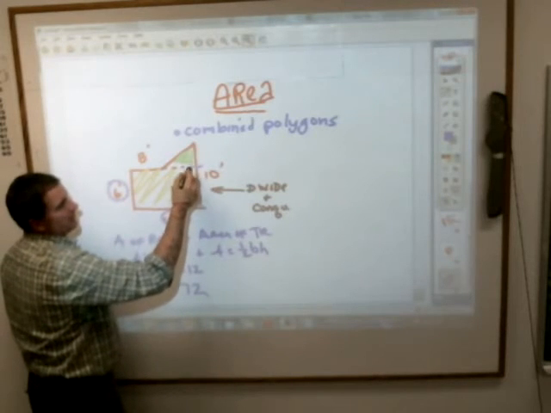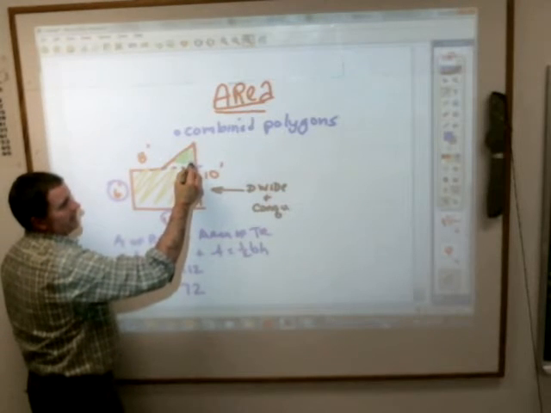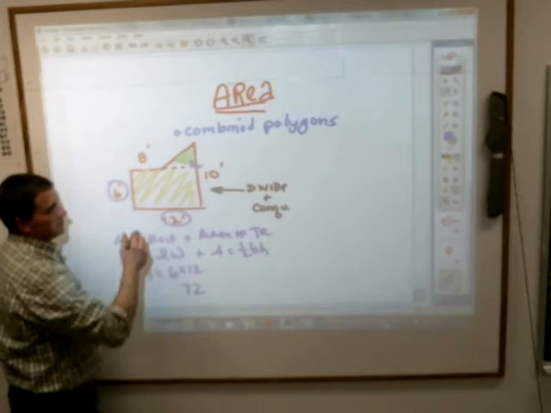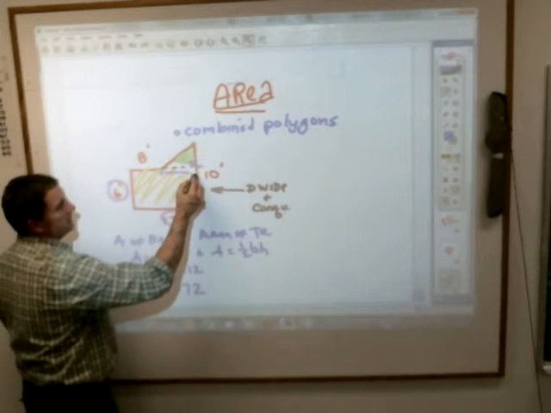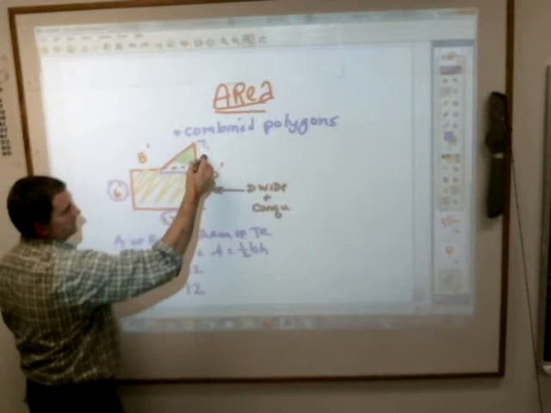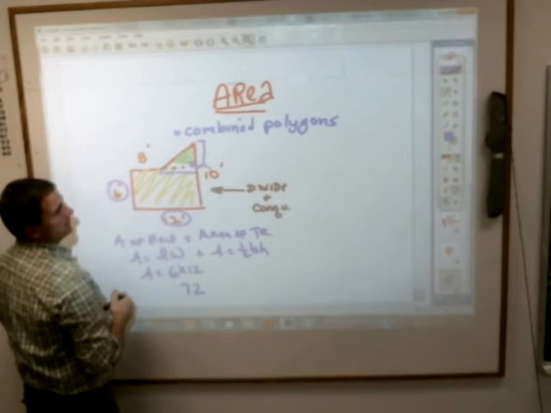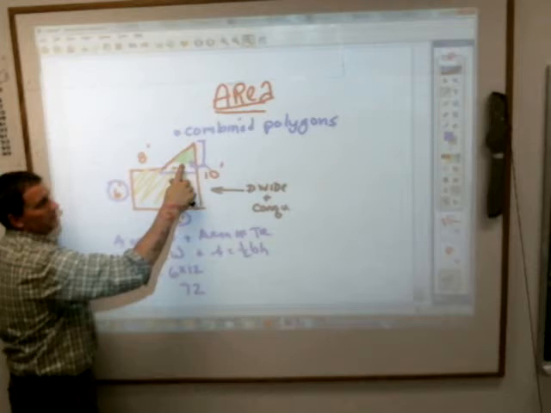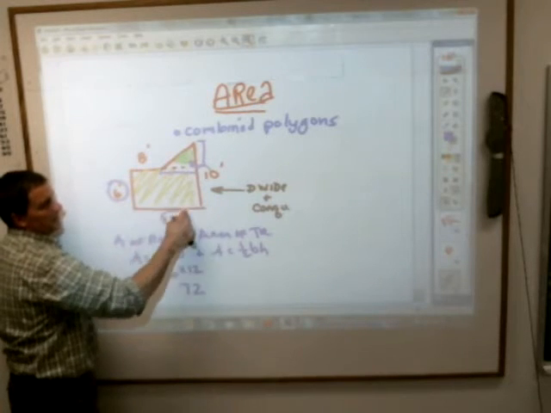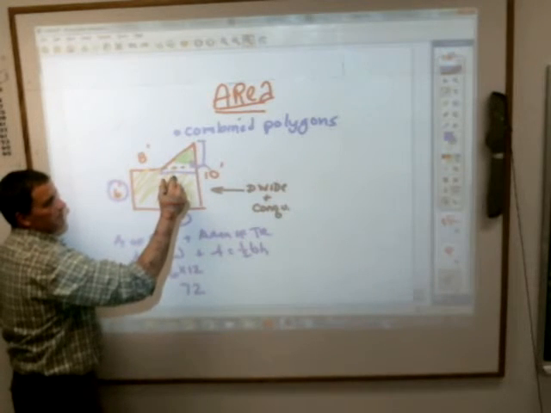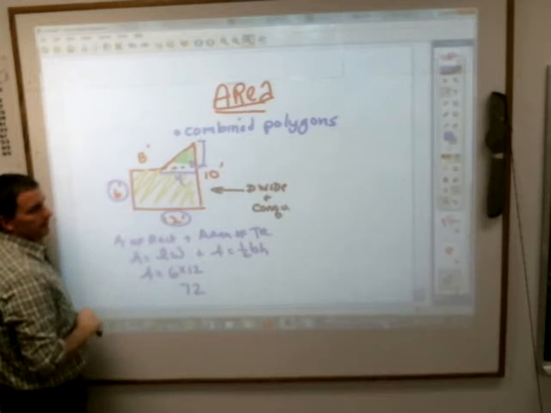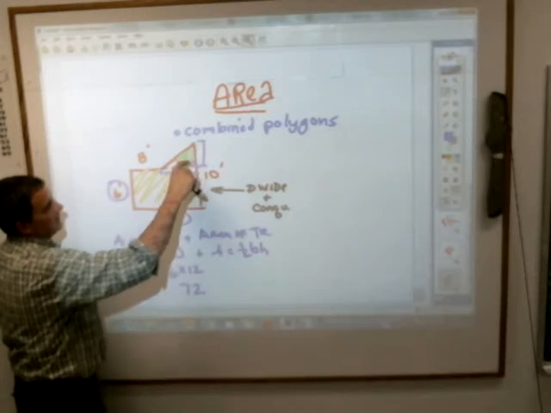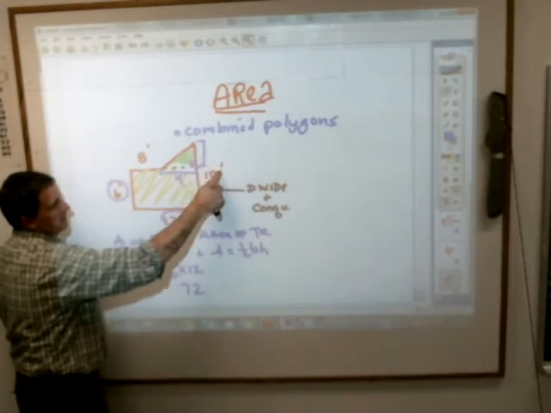In this triangle here, I have to look for the two lines that form the right angle, and Ava gave that to us, which means I need the length from here to here, and I need this distance from here to here. You have to do a little bit of work there because I'm not given that, but I know that that piece with that piece has to equal 12, so this has to be 4. That's where Ava got that 4 from. And I know that this piece plus this piece has to equal 10.